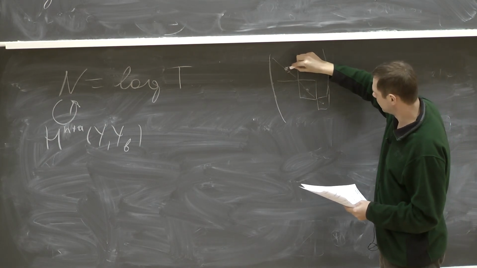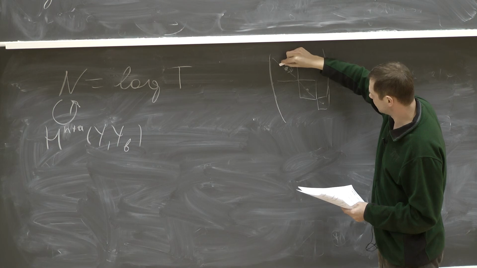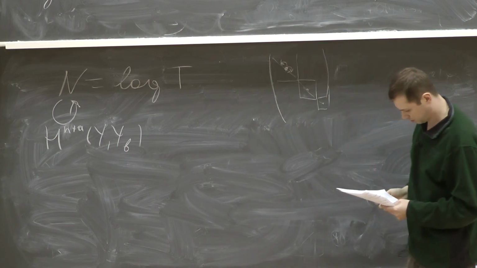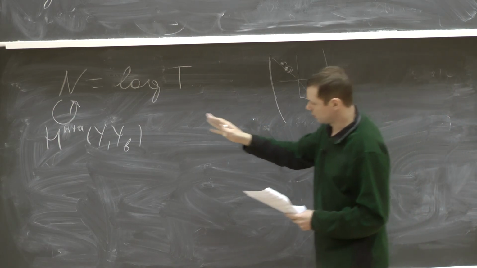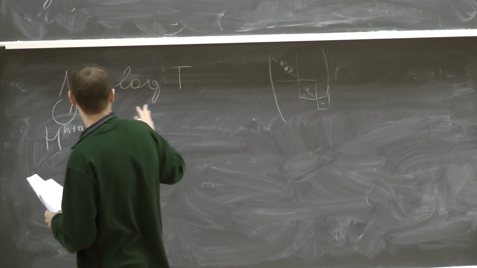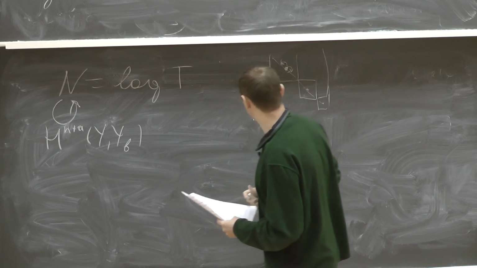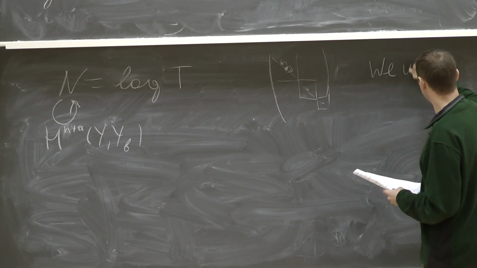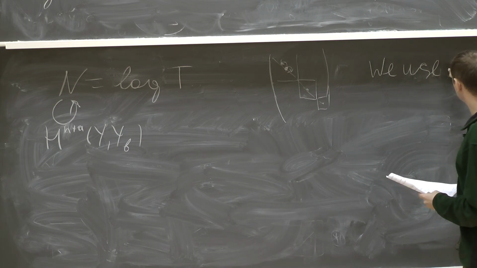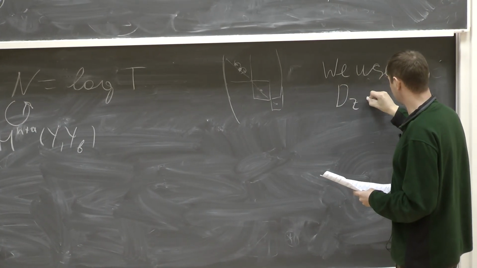So here we have grade n minus 1, here n plus 1, and so on. So what do we use here? We use that dz is reduced.